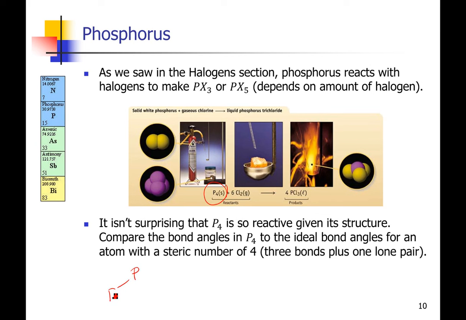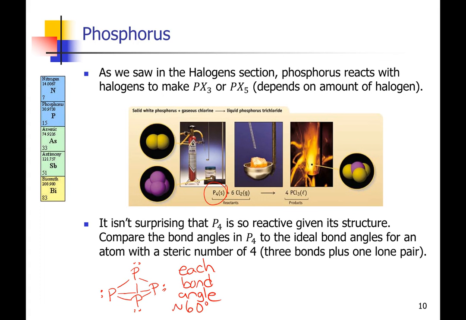Remember, we had that tetrahedron or triangular pyramid shape here, with each of the phosphorus atoms having a lone pair as well. Well, if you do the math on what those bond angles have to be, it's kind of hard to tell because I can't draw that well, but each of these bond angles would have to be approximately 60 degrees.